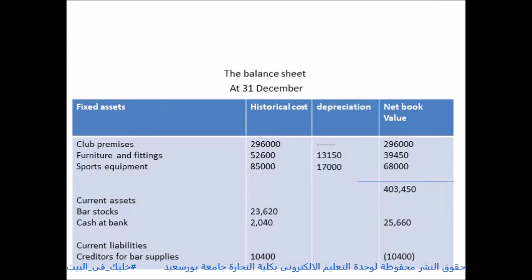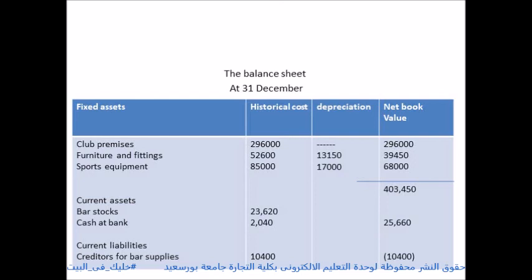Then the balance sheet for the whole club at 31 December. Fixed assets, historical cost, depreciation, net book value. The fixed assets from the trial balance: club premises 296,000, there is no depreciation, so 296,000 is the net book value. Furniture and fittings 52,600 minus depreciation 13,150, so the net book value is 39,450.